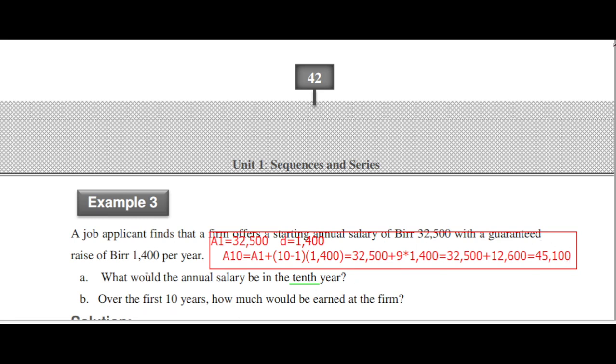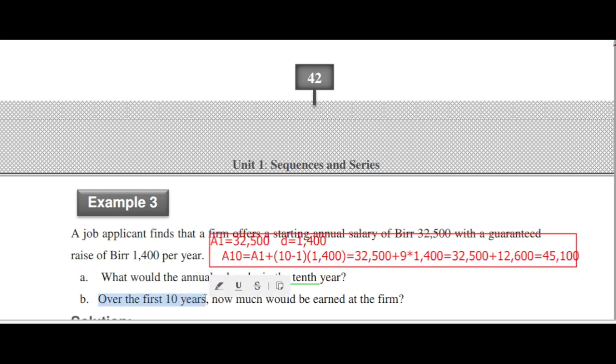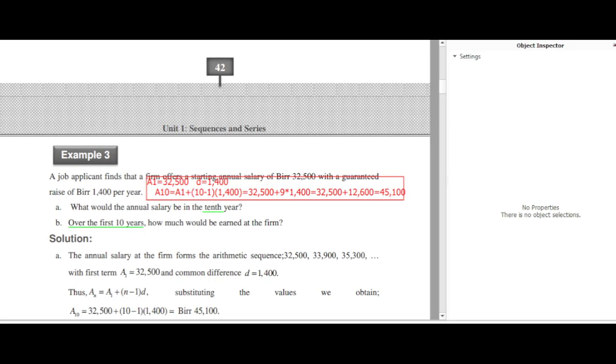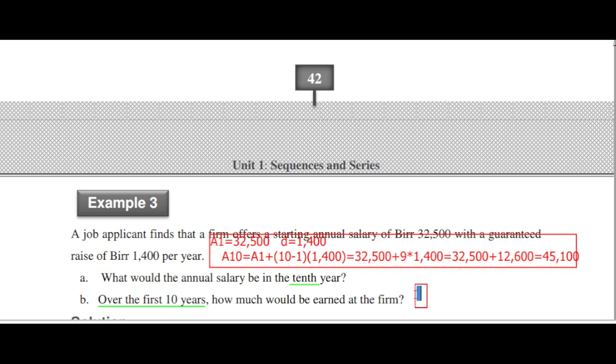Let's go to question B. Over the first 10 years, what you need to find here is the sum S10, the partial sum of the 10 terms. So let's use this formula. S10 is equal to 10 divided by 2 into A1 plus A10. A1 we have here 32,500.